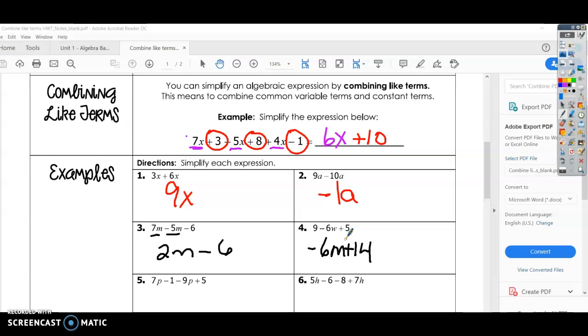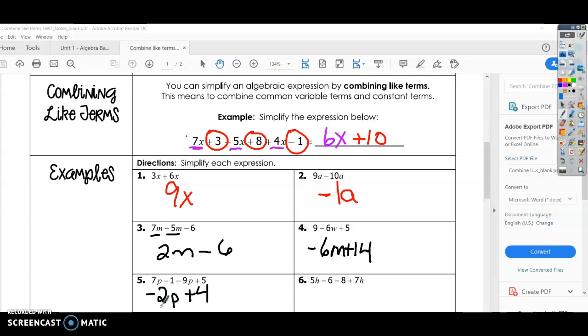Number 5, 7p minus 9p is -2p. And then we've got -1 plus 5. -1 plus 5 is the same as 5 minus 1, which is +4. Again, we put the variable first and the constant at the end.